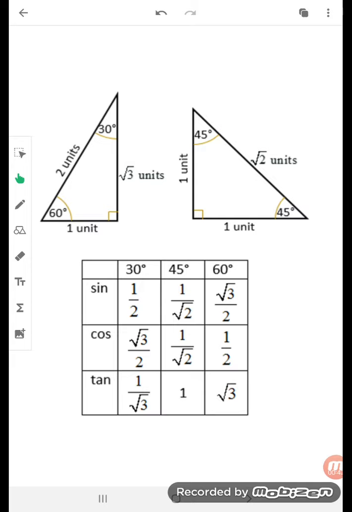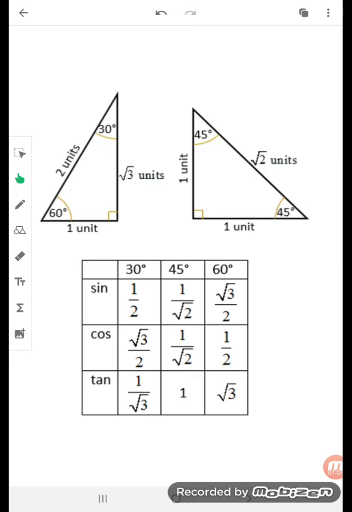So we can find sine 30, opposite over hypotenuse, equals 1 over 2. Cosine 30, adjacent over hypotenuse, is root 3 over 2. Tan 30, opposite over adjacent, is 1 over root 3.